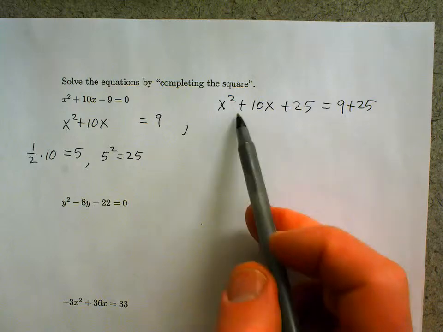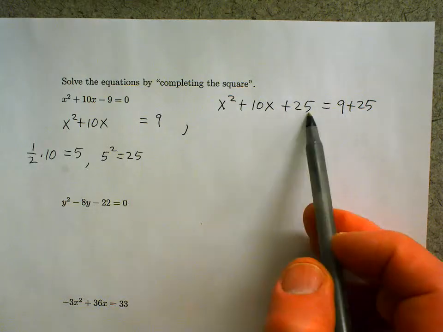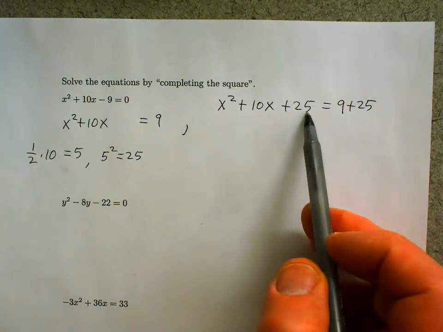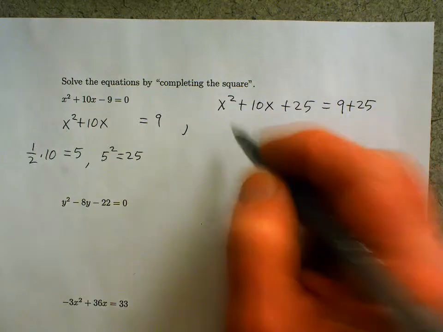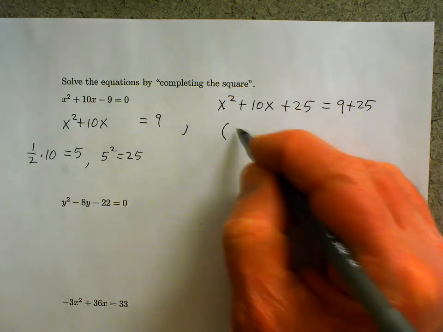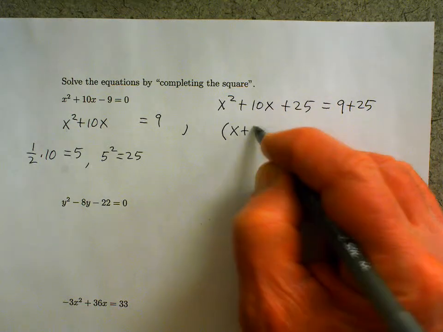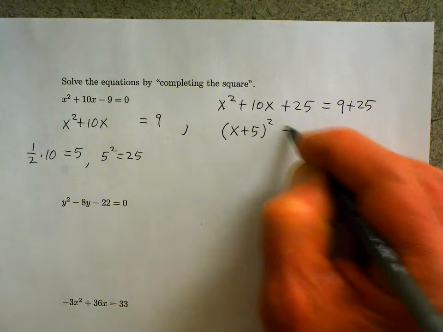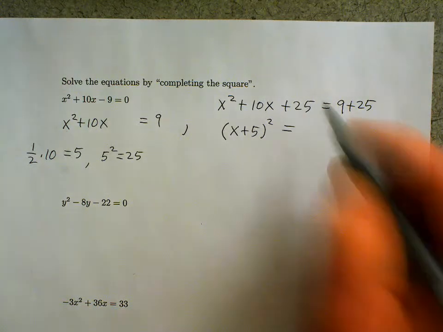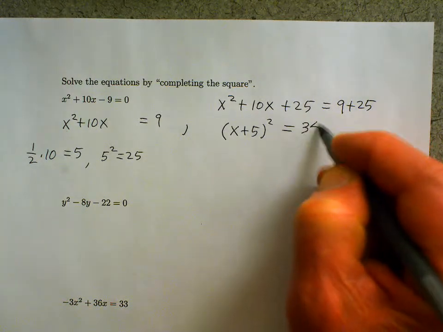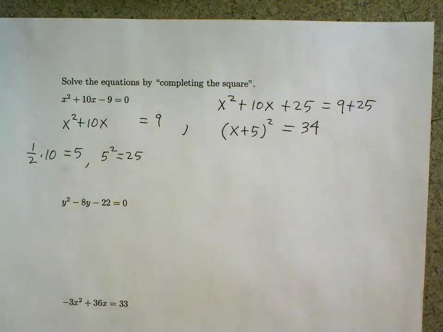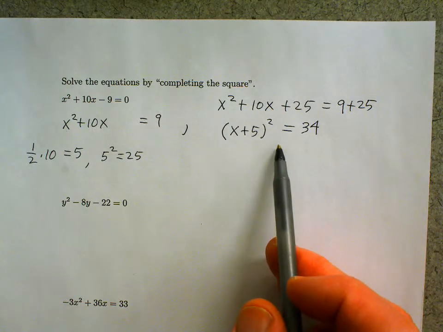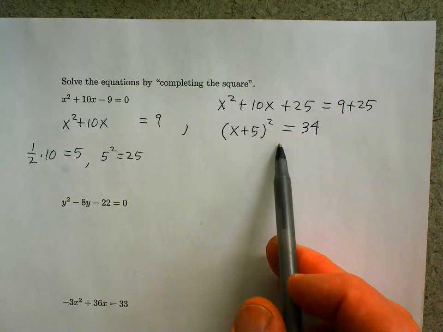The left-hand side is a perfect square trinomial, x squared plus 10x plus 25. It's equal to the binomial x plus 5 squared. And the right-hand side is equal to 34. And now we are solving an equation that we learned how to solve in section 9.1.